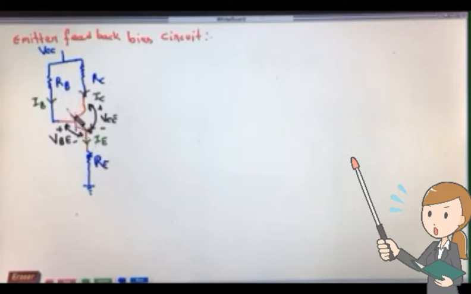Now we know that current gain beta is equal to IC upon IB, while IC will be replaced by IE minus IB, because IE is equal to IC plus IB.